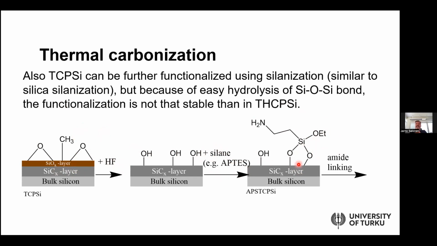Unfortunately, this is not as stable as those routes where we use hydrocarbonized silicon, because this silicon-oxygen-silicon bond is still quite prone to hydrolysis. But anyway, the silicon carbide layer makes it more stable compared to a thermally oxidized surface.